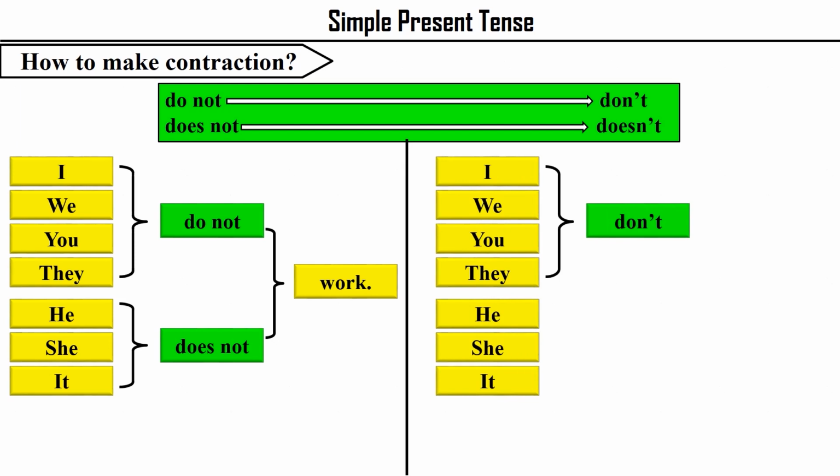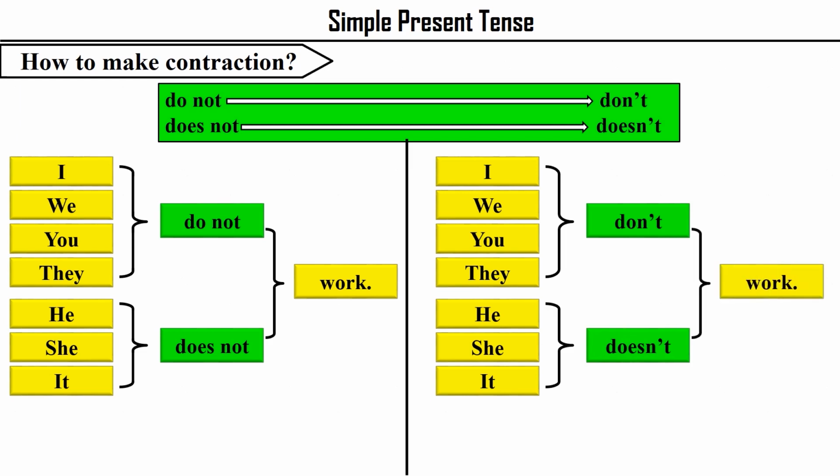Subject plus contracted form of do not, don't, contracted form of does not, doesn't, plus main verb. I don't work, we don't work, you don't work, they don't work, he doesn't work, she doesn't work, and it doesn't work.